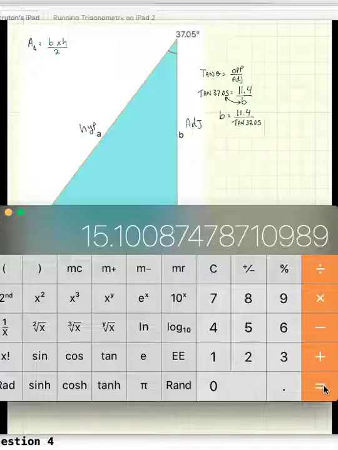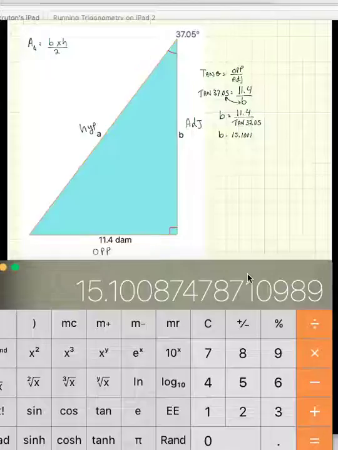I'm going to round it to 4 decimal places. So b is 15.1001, and the units are decameters. All right, so now we have the b, which is the height.